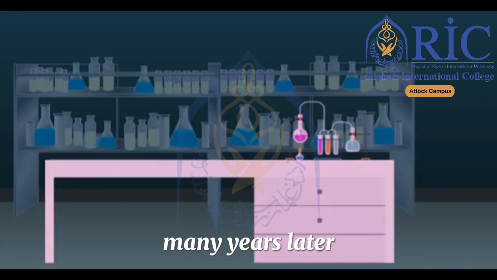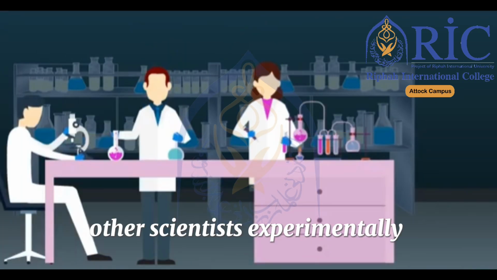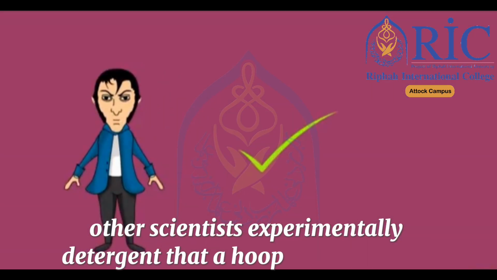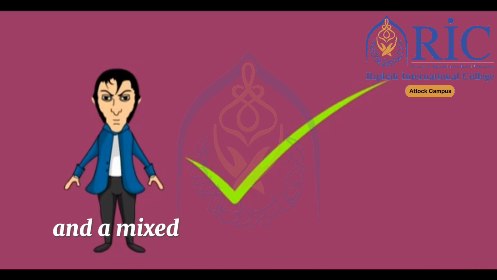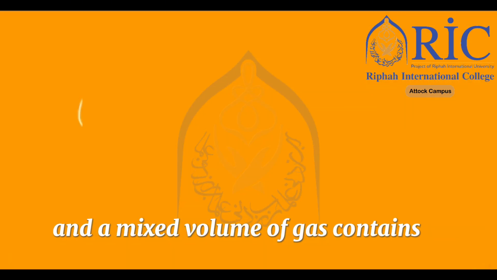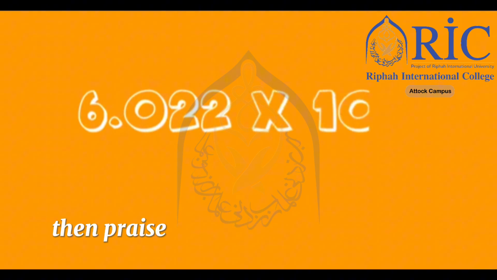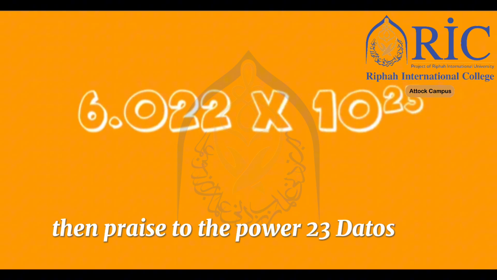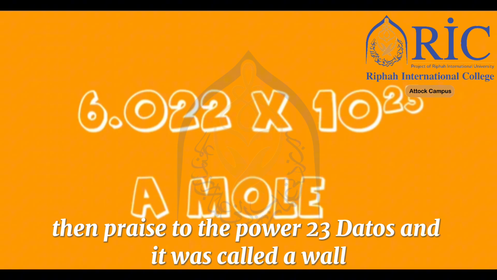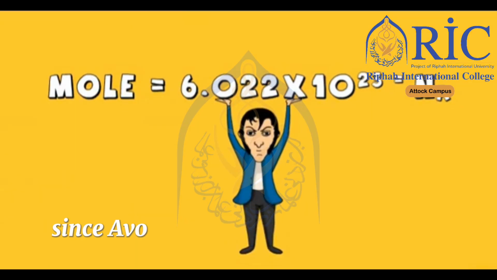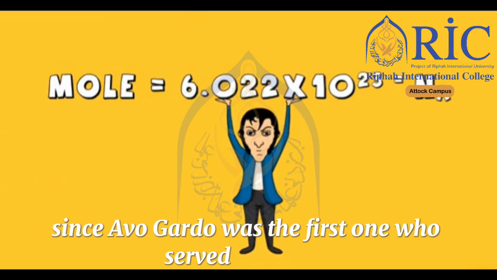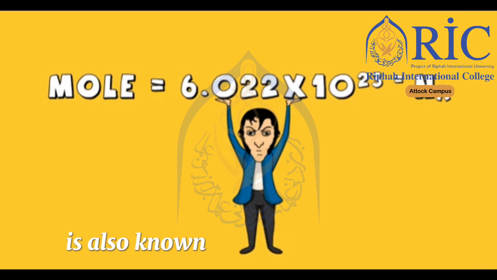Many years later, other scientists experimentally determined that Avogadro was right, and a fixed volume of gas contains 6.02 multiplied by 10 raised to the power 23 atoms, and it was called a mole. Since Avogadro was the first one who observed this, a mole is also known as Avogadro's constant.